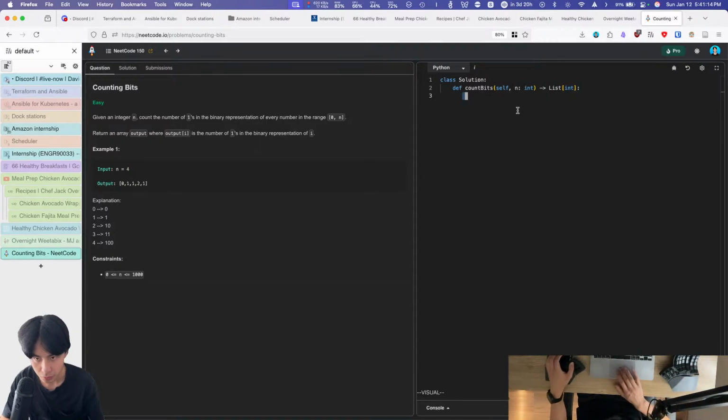As you know, the trick of manipulating bits. So for i in range of n, we will have 0, 1, 2, 3, 4.